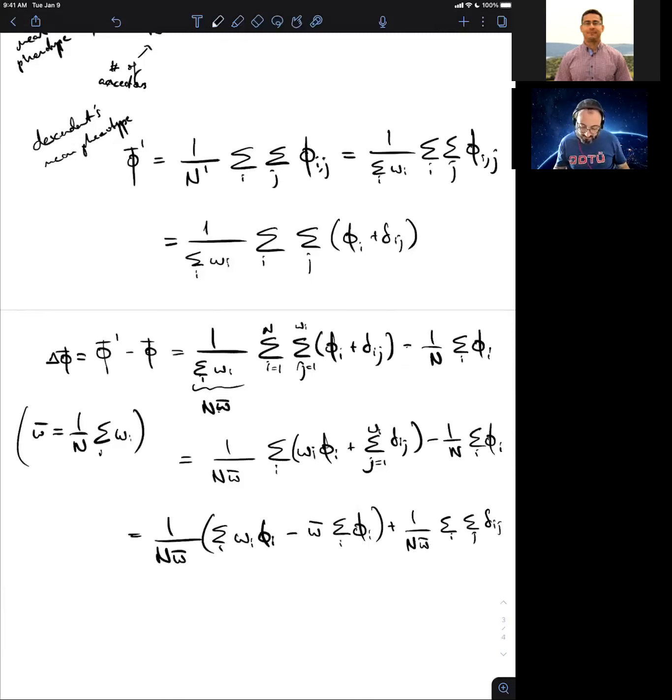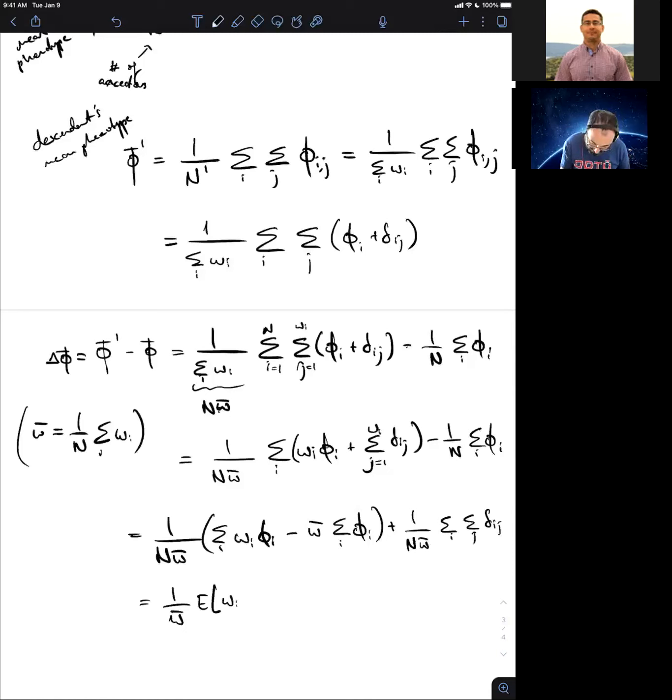Okay, so I'm almost done. Now I have this 1 over n times the sum of the product. In fact, the expectation notation is useful here because it reduces ambiguity.